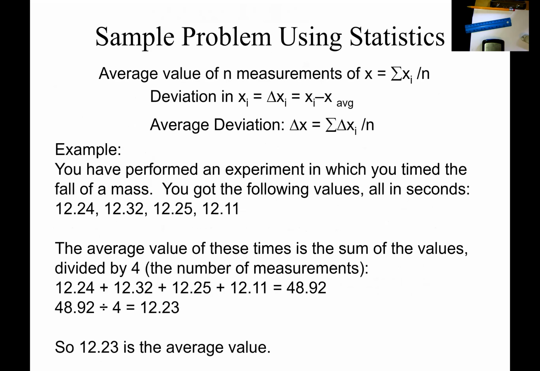Here's the little example that I gave you, so hopefully you studied this. Say you performed an experiment in which you timed the fall of a mass, and you get the following values. To do the average, add them all up and divide by 4, so you get 12.123 seconds as the average.